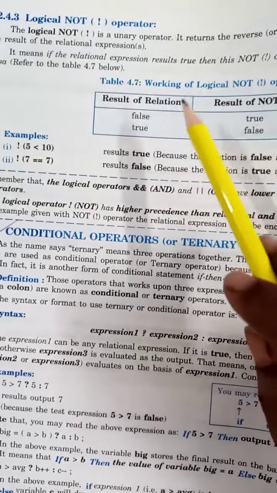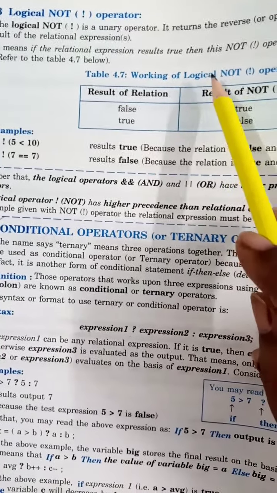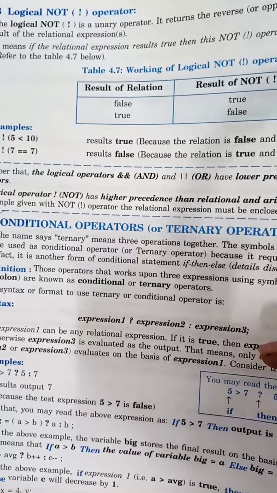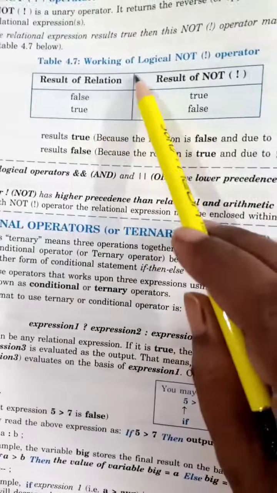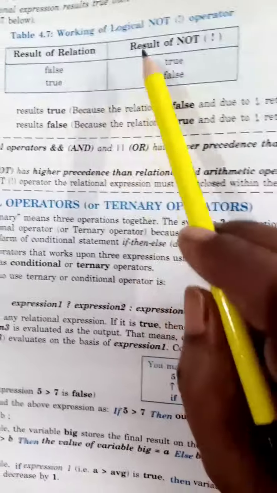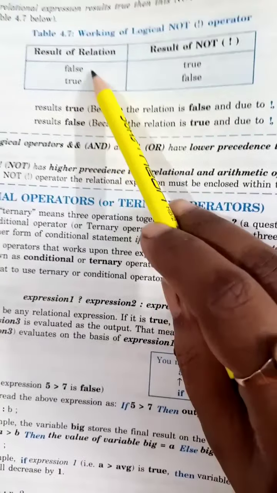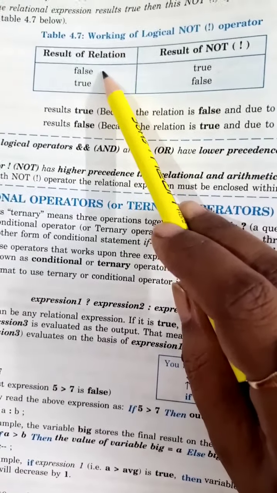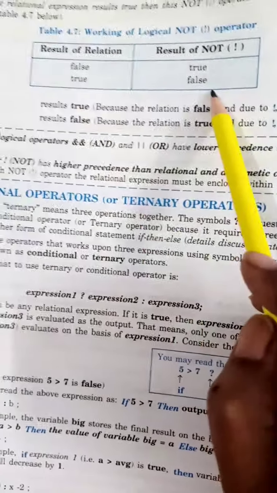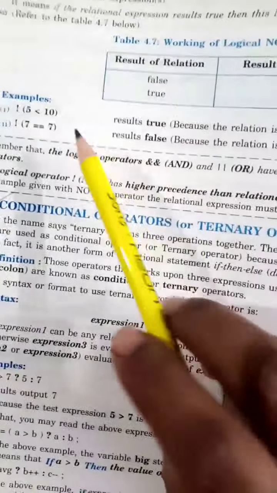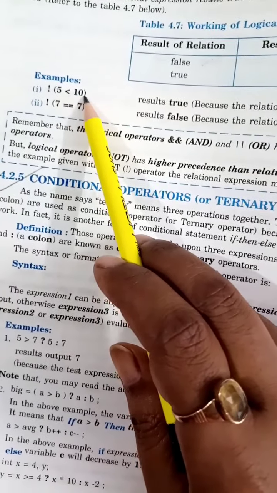It means if the relational expression results true, then this not operator makes it false and vice versa. Simply, if the result of the relation is false, then the result of not will be true, the opposite of the result of the relation. Now take not 5 is less than 10.